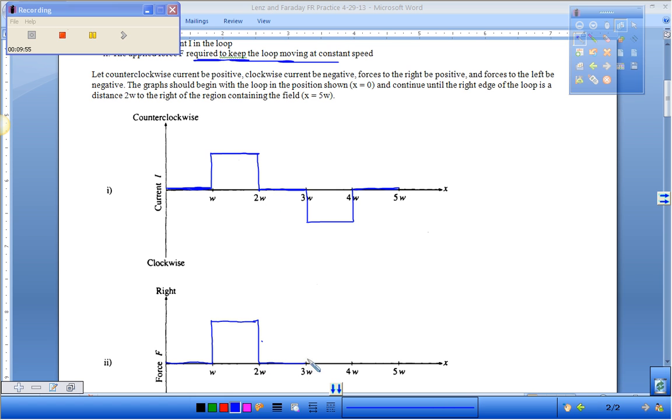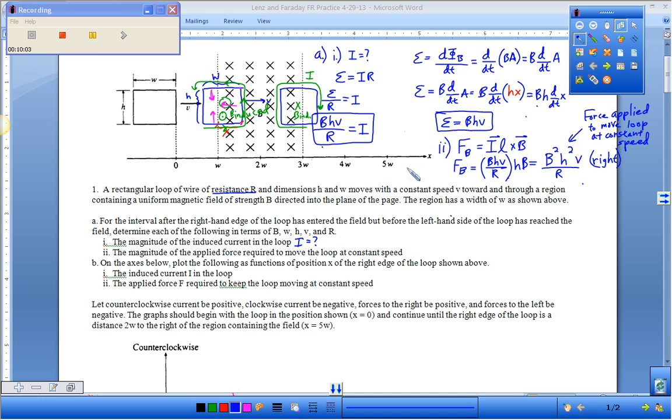Then the only thing to go back and check is what direction the current's flowing, and thus what direction the force is on the piece of wire here. Right in this situation, I have current flowing upwards in a magnetic field directed into the board. So the magnetic field is exerting a force on this part of the wire that's still in the field, directed that way.